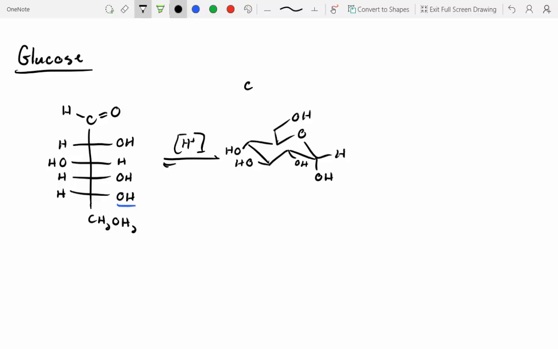So this would be chair number 1. So that was one conformation. The other conformation varies a little bit. Looks very similar for the most part. However, got a hydroxide there.